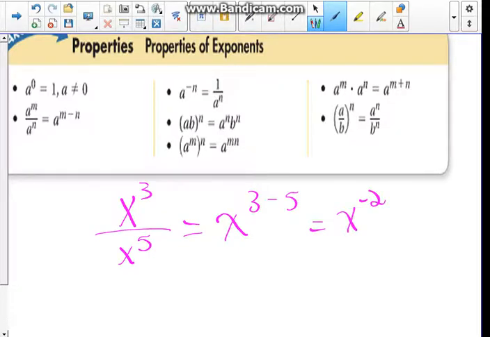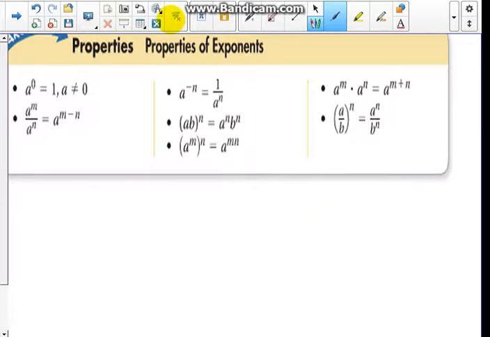Well, when we have a negative power, that's not simplified. We have a rule right here that states when we have anything to the negative power, it's equal to 1 over that base to that positive power. Okay?